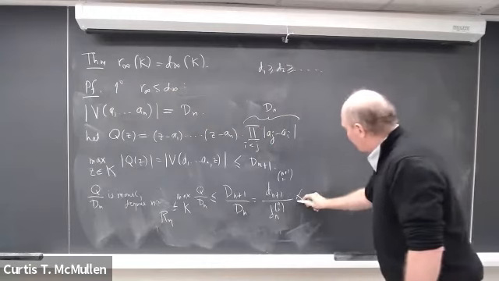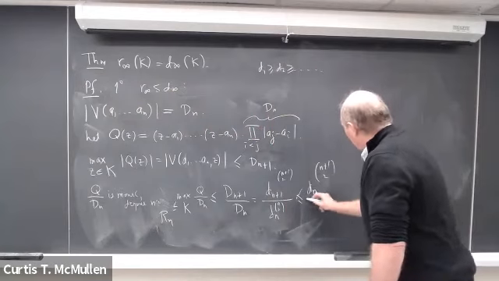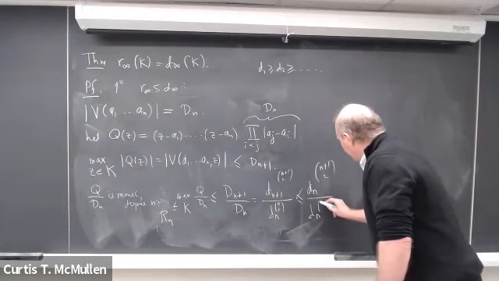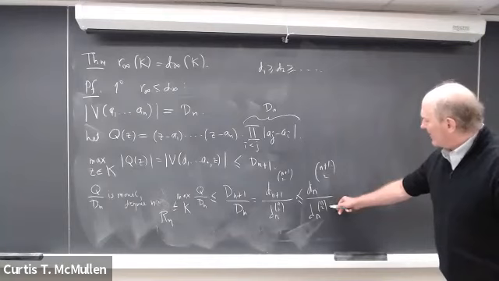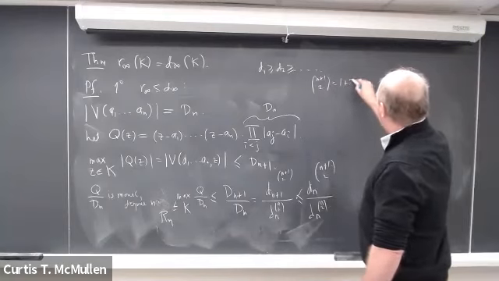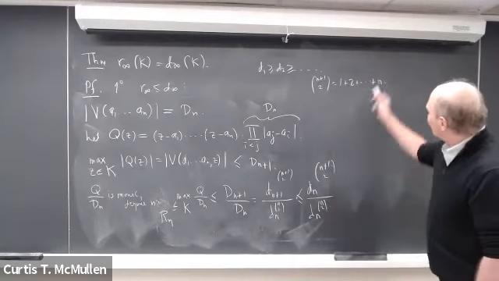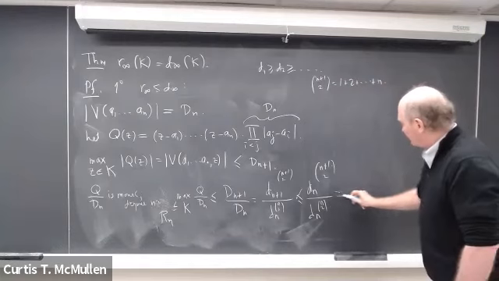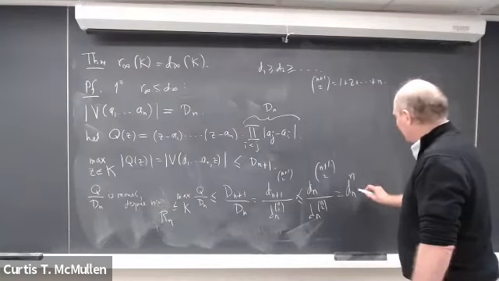So this is bounded by d_n to the n plus 1 choose 2 over d_n to the n choose 2. Now what's the difference between these two exponents? Well, n plus 1 choose 2 is nothing more than 1 plus 2 up to n. And this is the same thing except the last term is omitted. So this quotient here is just d_n to the n.